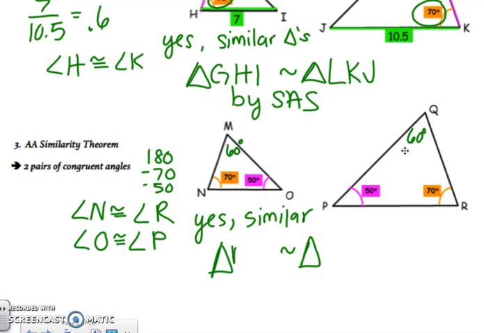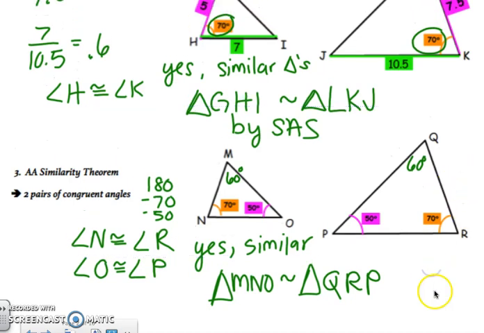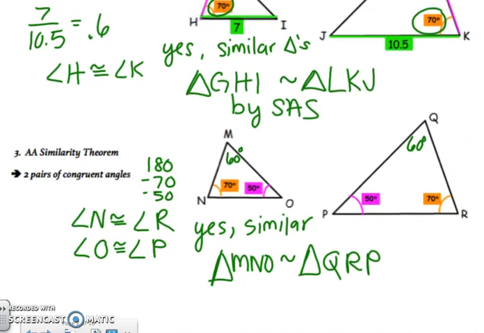We'll go M and O. So triangle MNO is similar to QRP. Okay, so again, order really matters in that statement, but that is how you prove two triangles are similar. So a lot less work than Module 3.